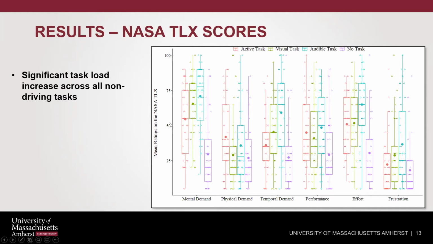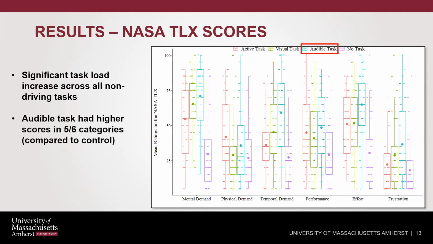So across the board, as you can see from this graphic, there was a significant increase of task load across all of the non-driving tasks when you compare that to the no task. And then with regard to the audible task specifically, there was a higher score in 5 of 6 of those categories when compared to the control. Specifically, physical demand is the only one that, as you can presume, would not have that higher score.